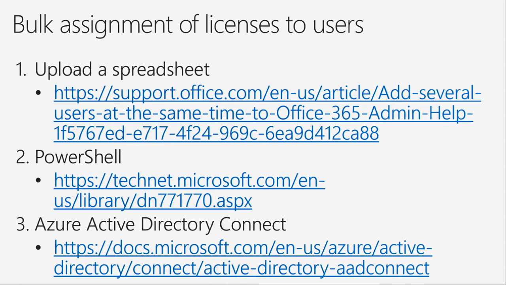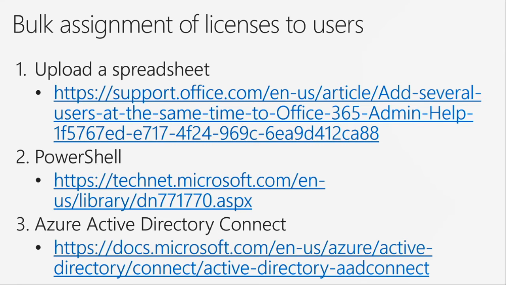Or if you're more familiar with Windows PowerShell cmdlets, you can use the PowerShell option. The third option, for customers who have on-premises Active Directory and now want to move to AAD, is to sync those AD users to AAD using AD Connect. So all these options are also available for bulk assignment.